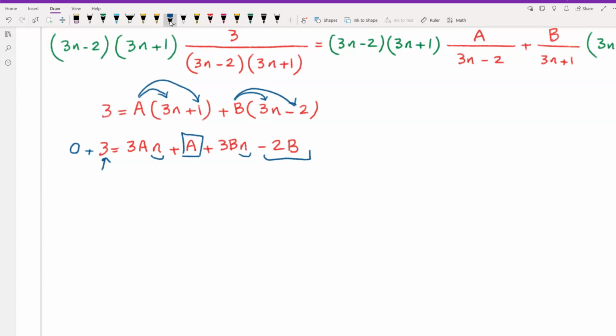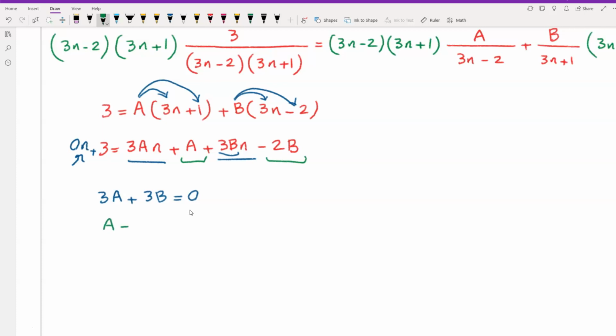So solving for a, b, using this one, 3a plus the coefficient of n, on this part we have 3b, equal to, on this side we have 0 times n. We don't have anything on this part, so this is equal to 0. And then what's left, here we have a, here we have negative 2b, and that is equal to what we have on the left side, which is 3.